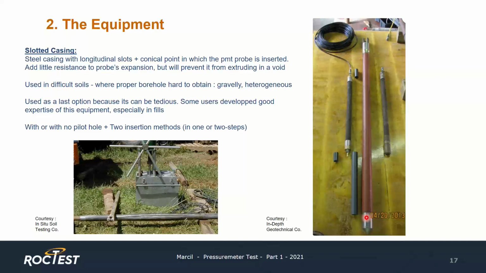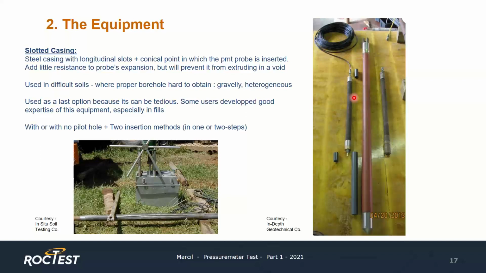It is also fitted with a conical point. So for doing a test, you have to insert a smaller size pressuremeter probe into the slotted casing, and then you pressurize the probe. And thanks to the slots, the casing will expand as the probe is being pressurized.